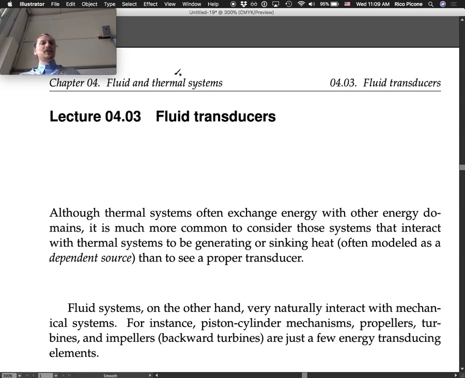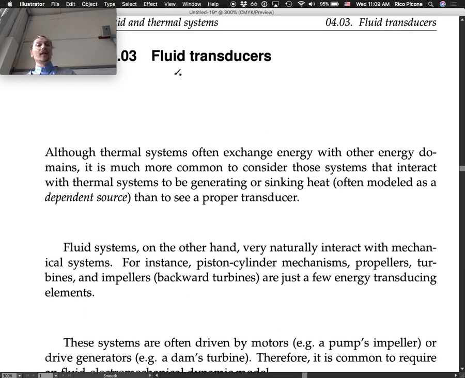So fluid transducers. Although thermal systems often exchange energy with other energy domains, it is much more common to consider those systems that interact with thermal systems to be generating or sinking heat, often modeled as a dependent source, than to see a proper transducer.